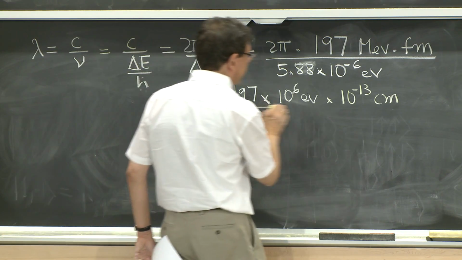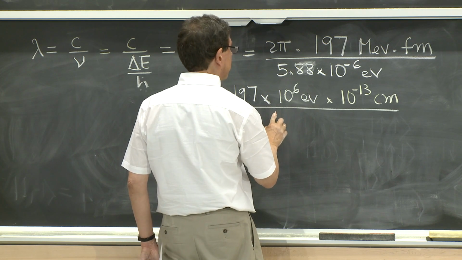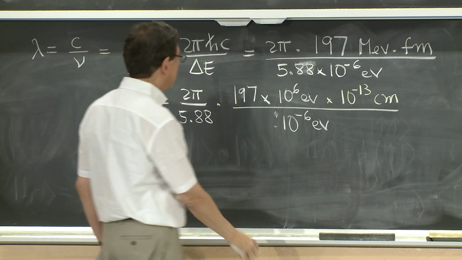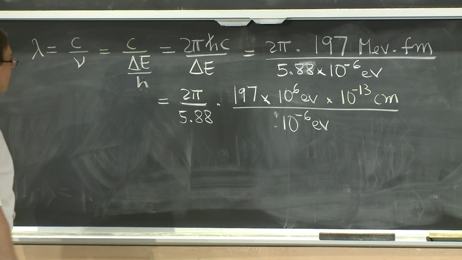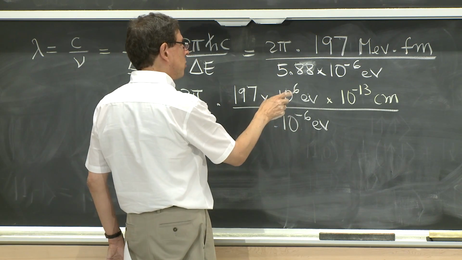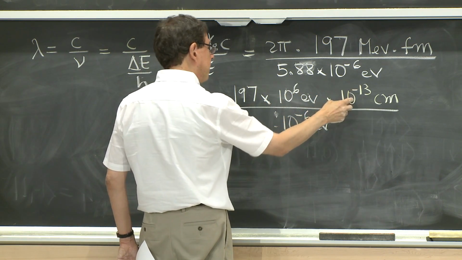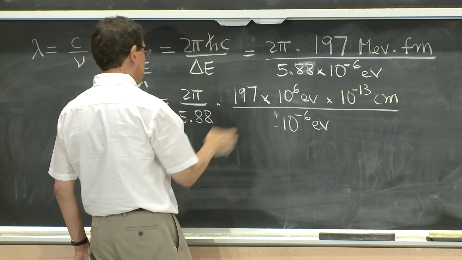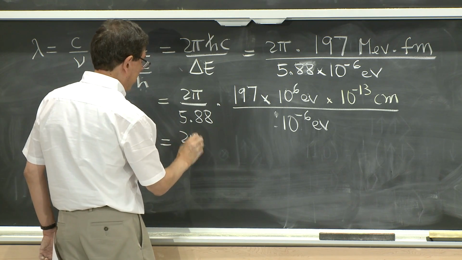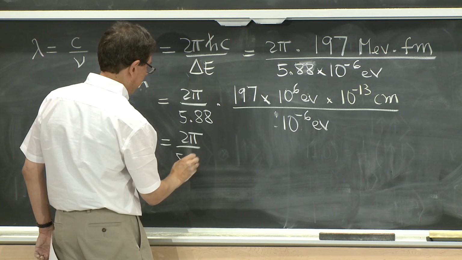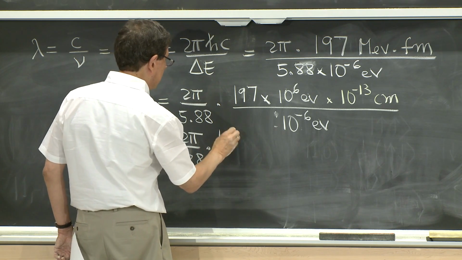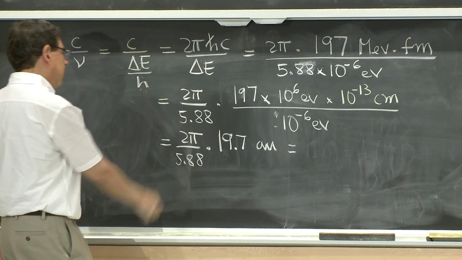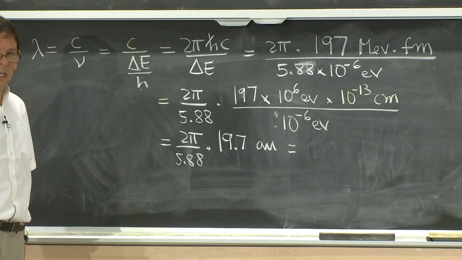And here you have just 10 to the minus 6 eV. So the answer will be in centimeters. And if you do this, this will be 10 to the 12, 10 to the minus 1 times 19.7. So it would be 2 pi over 588 times 19.7 centimeters. So this is a little bigger than 1, so it should be about 20 centimeters.